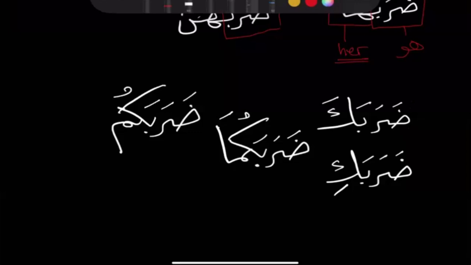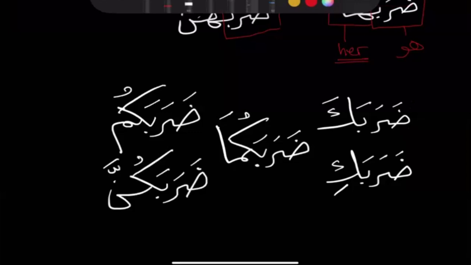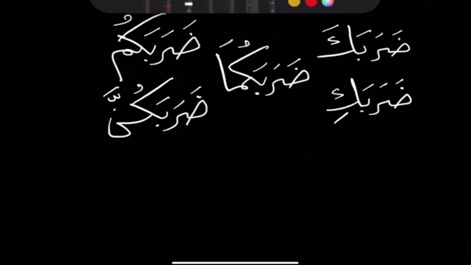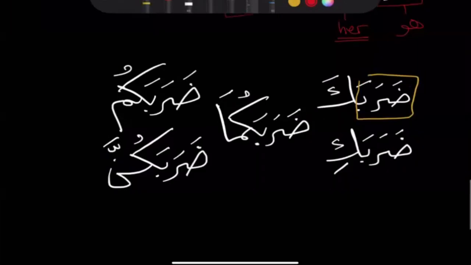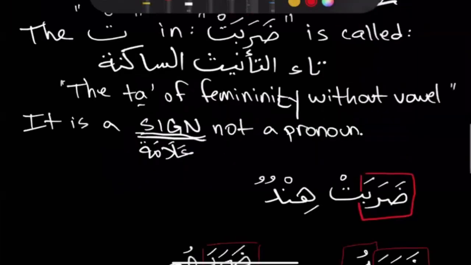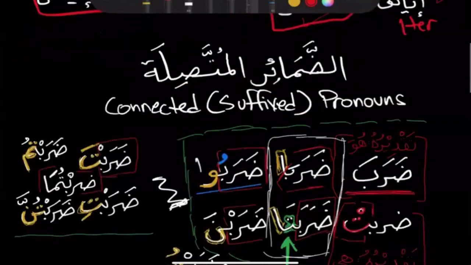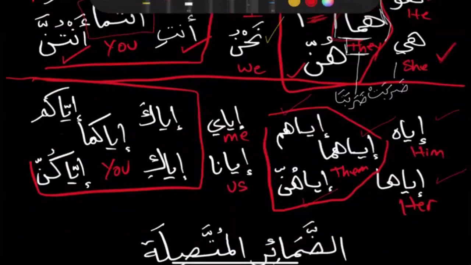Darabakum, darabakunna. All of those translate as he hit you. So this is clear. You see where the verb is. And then we have seen what corresponds to iyaka, iyaki, iyakuma, iyakum, iyakunna.